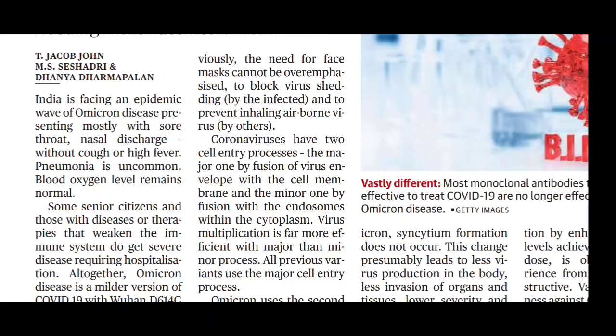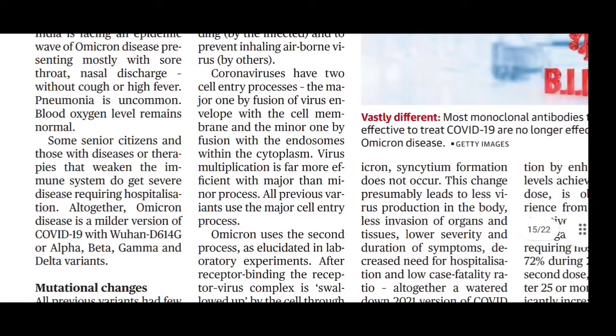India is facing an epidemic wave of Omicron disease, presenting mostly with sore throat, nasal discharge without cough or high fever. Pneumonia is uncommon. Blood oxygen level remains normal.